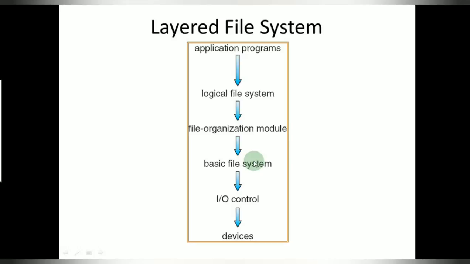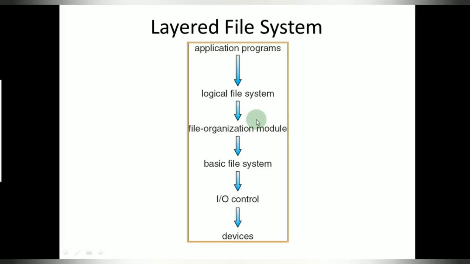The next one that we have is the file organization module, which the basic file system shall be supporting. The module knows about the files, their logical blocks as well as the physical blocks.